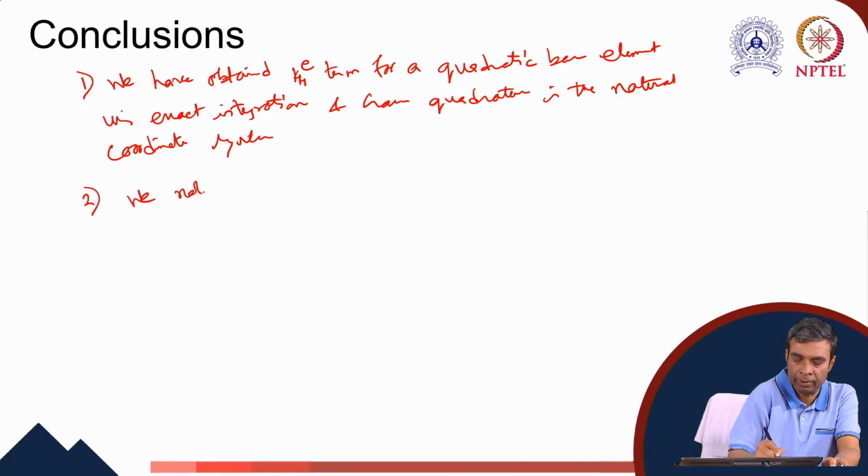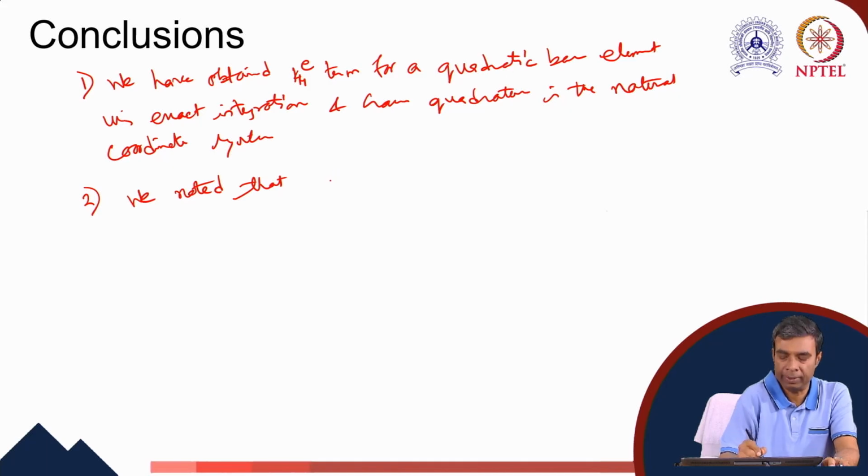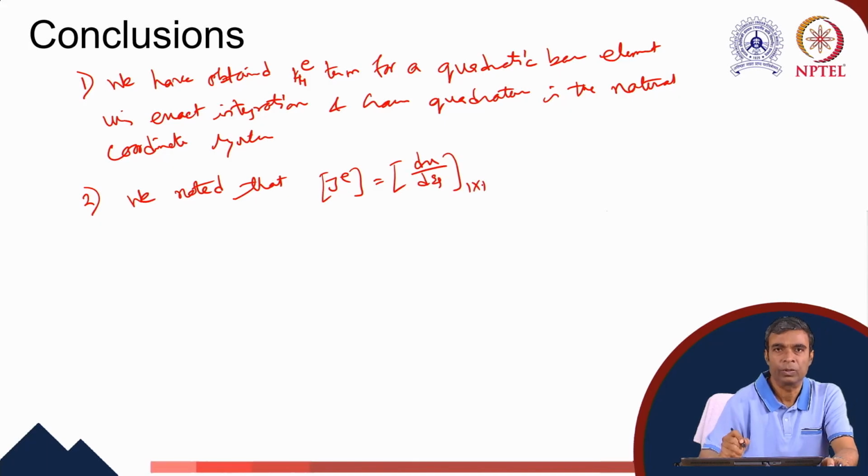We noted that the Jacobian matrix in one dimension Je equals dx dxi, 1 by 1. So dx dxi ratio is a ratio of lengths.